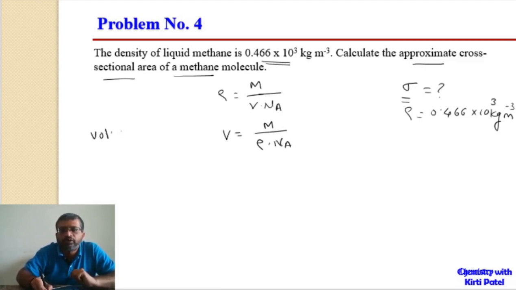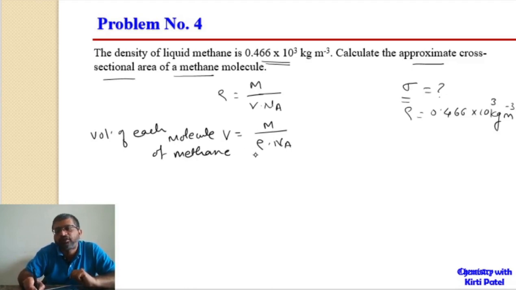So the volume of one molecule of methane can be calculated as V equals m upon rho into Na, where rho is the density of methane gas, m is the molecular mass of methane, and Na is Avogadro's number.